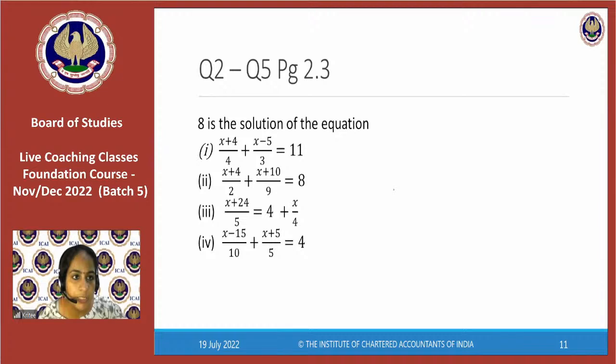Okay, so now see this. This is your exercise question, page number 2.3, question number 5. This question is already giving you the solution. 8 is the solution, but you have to tell me for which equation 8 is the solution.